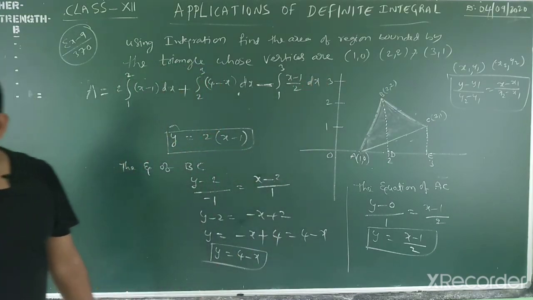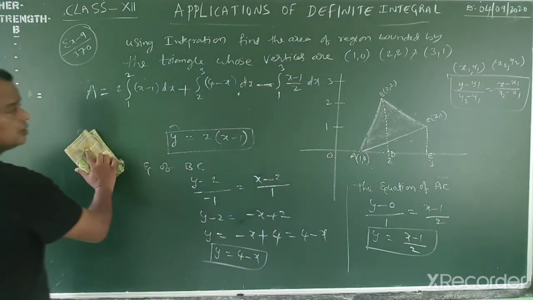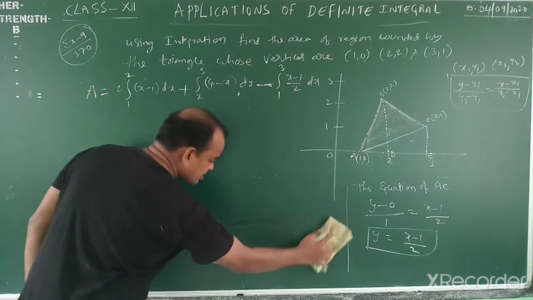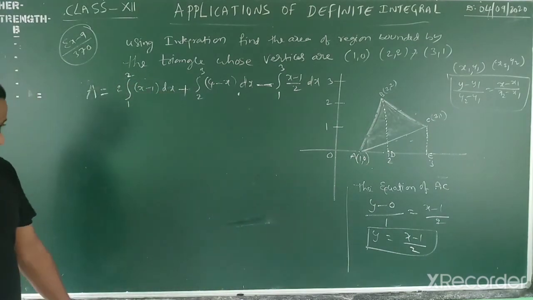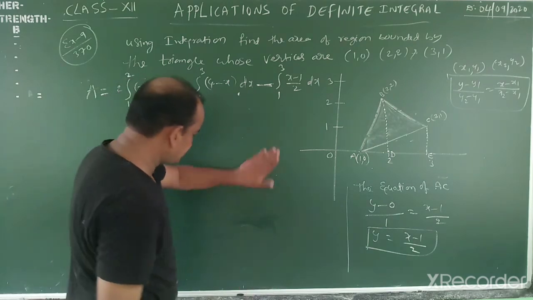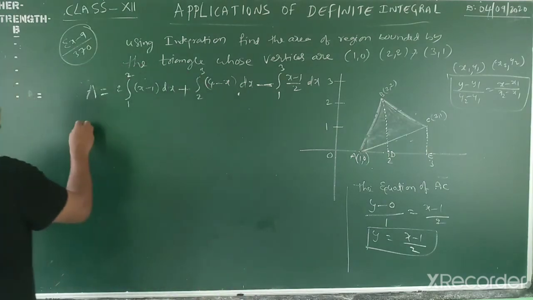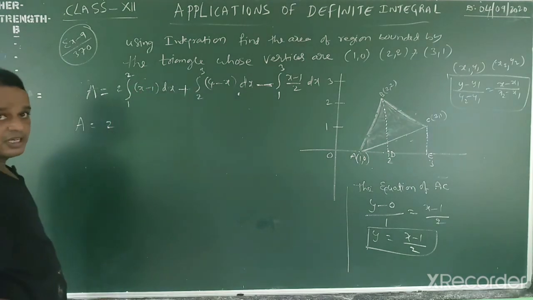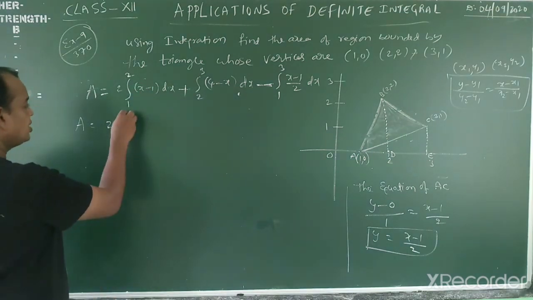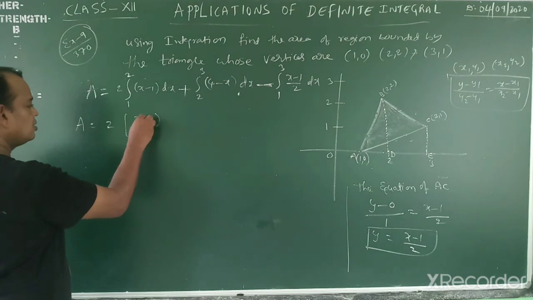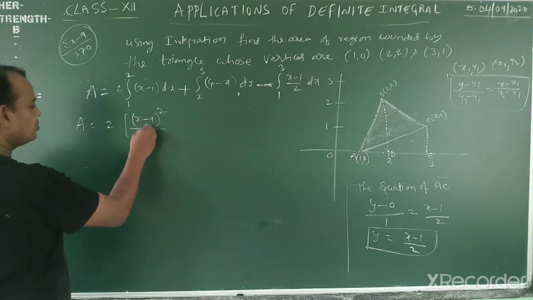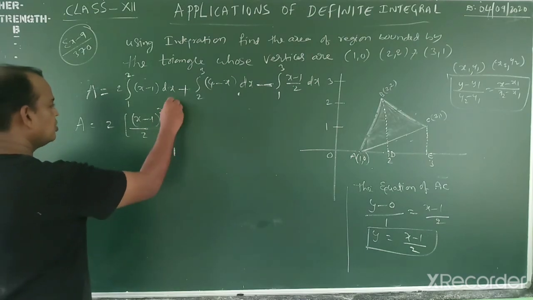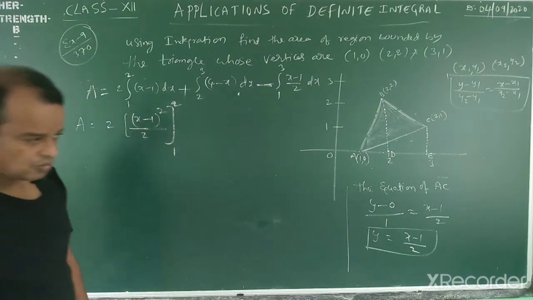Okay, my dear students, now integrating that one. I hope that you understood. Clearly observe, my dear students. Area is equal to 2 into the integral of x minus 1, what is the formula of the integral of x? x square by 2. Here x minus 1 whole square by 2, limits 1 to 2.